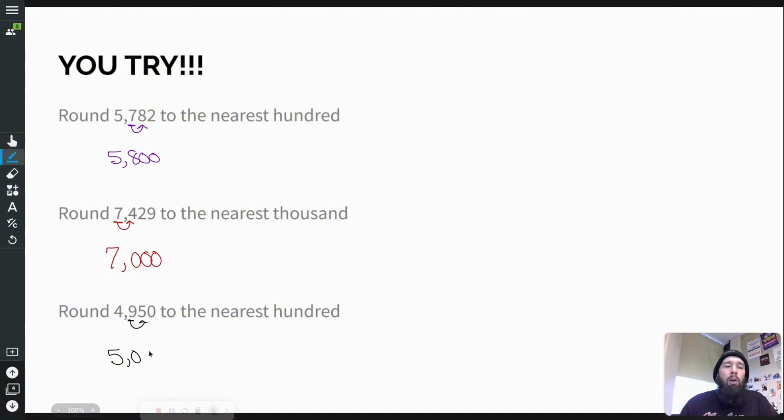All the 5 and that 0 become zeros. And so bumping 9 up to a 0 means you need to move the next guy up too. That becomes 5,000. That was a tricky one. Hopefully you got it right, though. If you got it right, take your hand like this, go like that, and that's called patting yourself on the back.